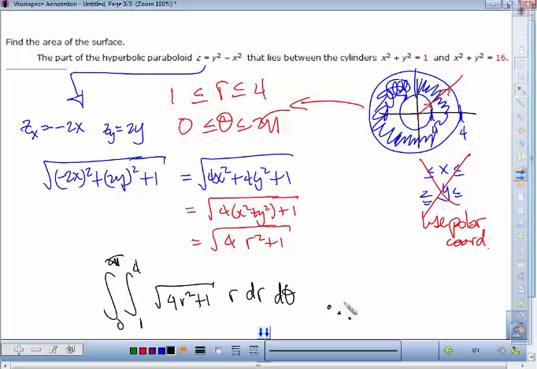It's close, but no, this is a paraboloid. It's a hyperbolic paraboloid, so it's that saddle. Let's see, I'm going to attempt to draw a saddle.